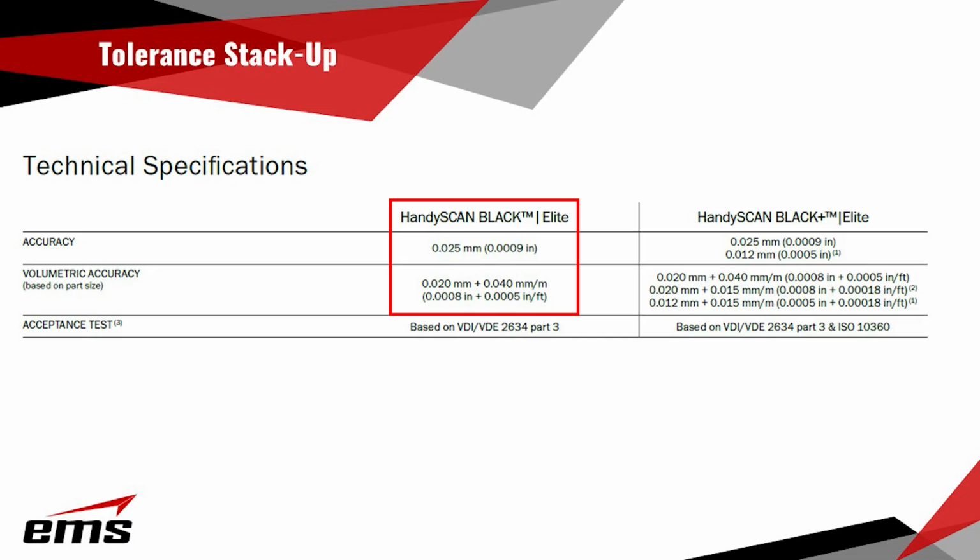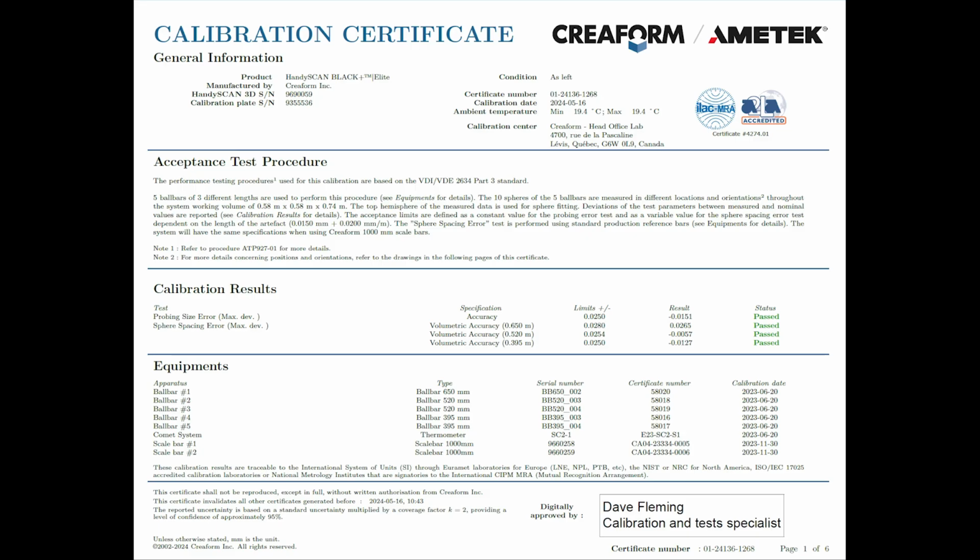The accuracy number they put out is usually higher, or worse, depending on how you want to look at it, than the actual calibration results. So you've got to factor that uncertainty into a number you're going to put out there, because you've got to live with that number. So keep that in mind.